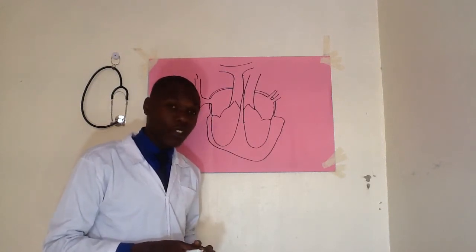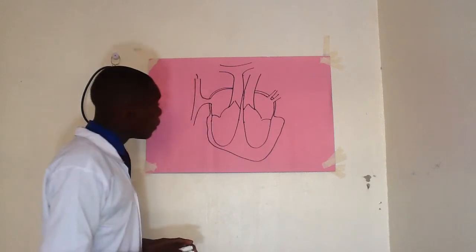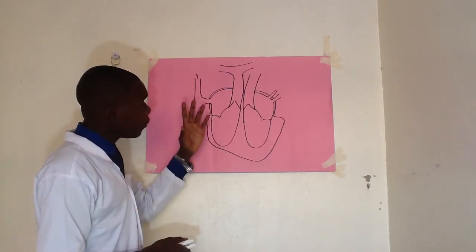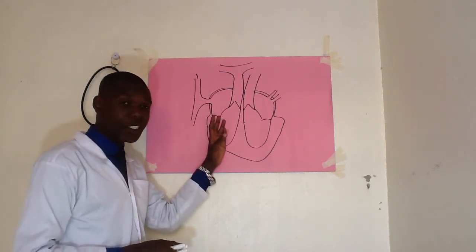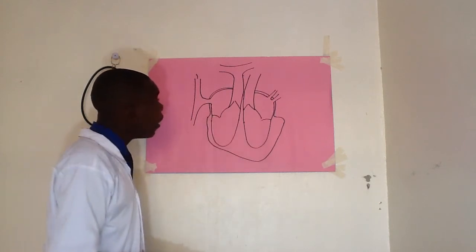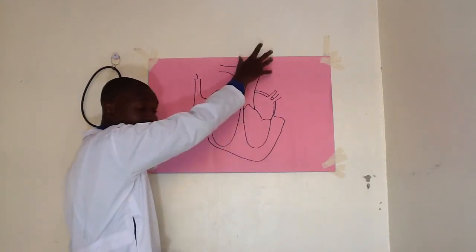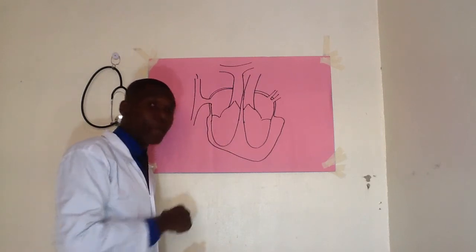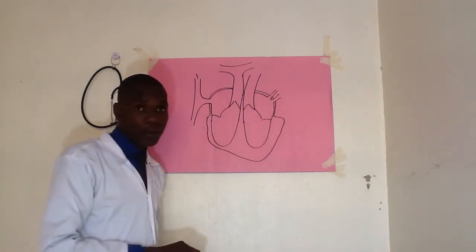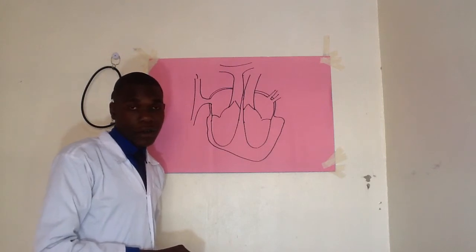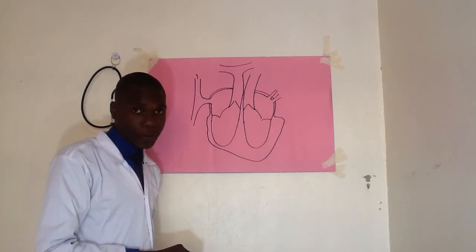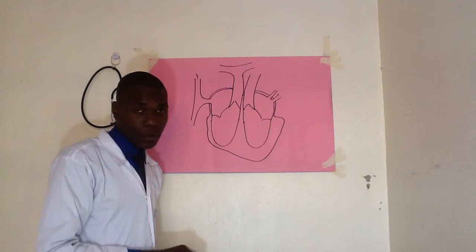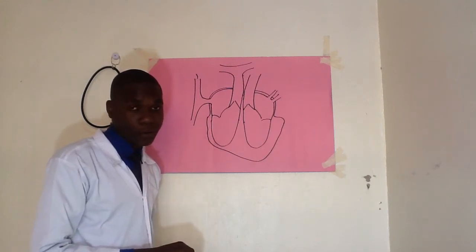So with the pulmonary saturation, blood is coming from the right side of the heart, it is deoxygenated, moving to the lungs, picking oxygen, and back to the left side of the heart. We shall see that further later on.